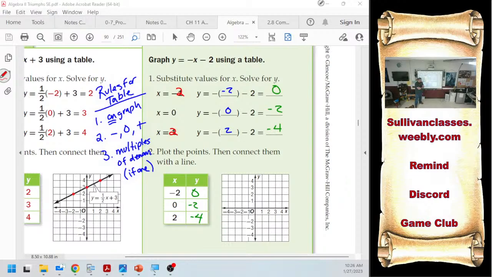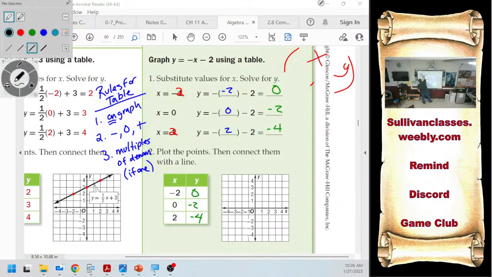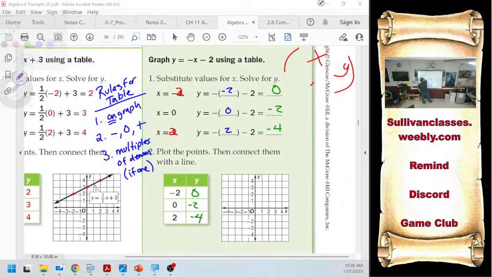Okay. All right. Plot your points. Do you need to put that cheater on there? If you need that cheater because you keep screwing these up, then put it on there. Use the resources to help you.